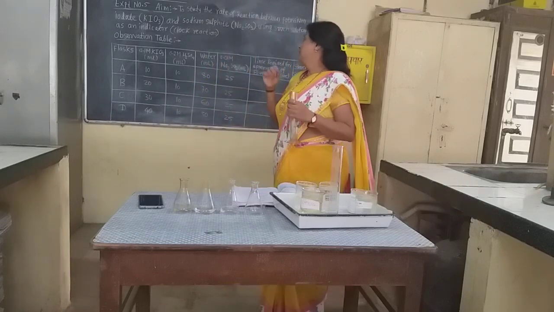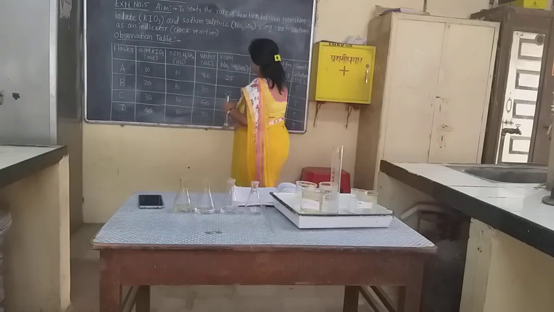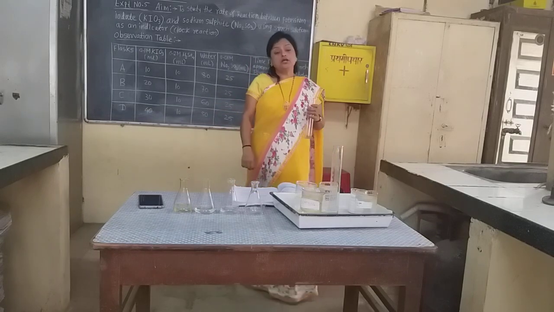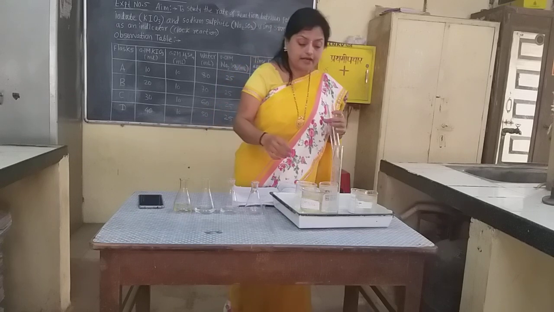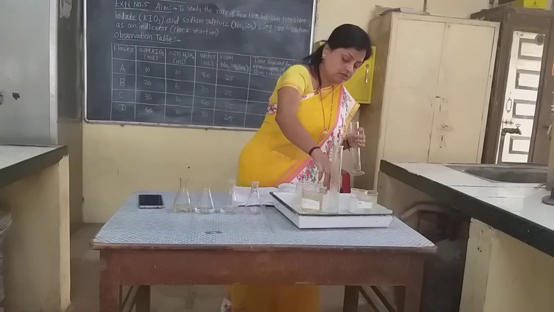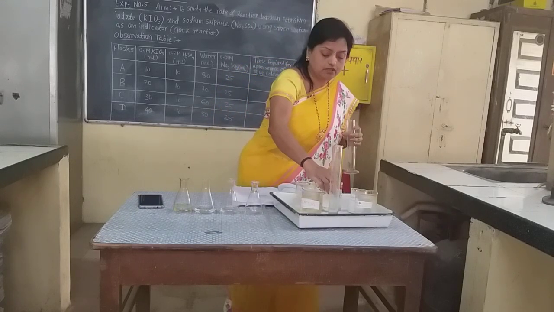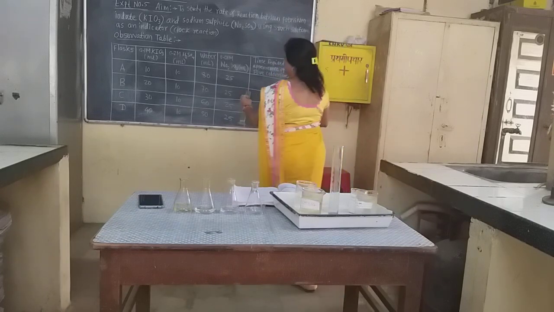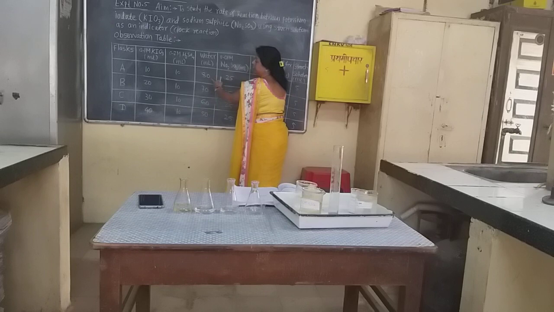So 80, 70, 60 and 50 ml, that is the water you should add into these conical flasks, so that the total volume becomes 100 ml.